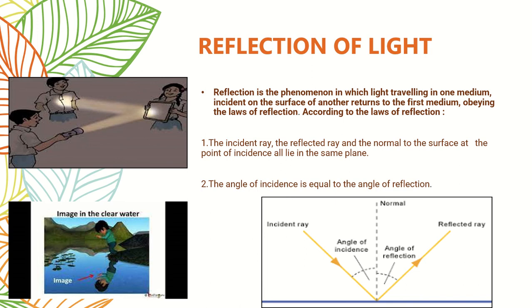The incident ray is projected towards the surface and gets reflected to the same medium. The normal here is nothing but the perpendicular to the surface. Angle of incidence is nothing but the angle between normal and the incident ray. Angle of reflection is nothing but the angle between reflected ray and the normal.